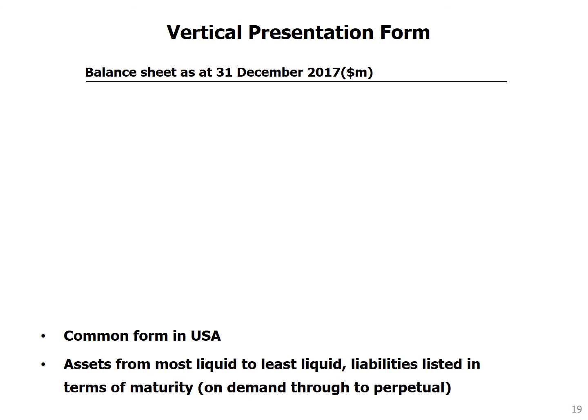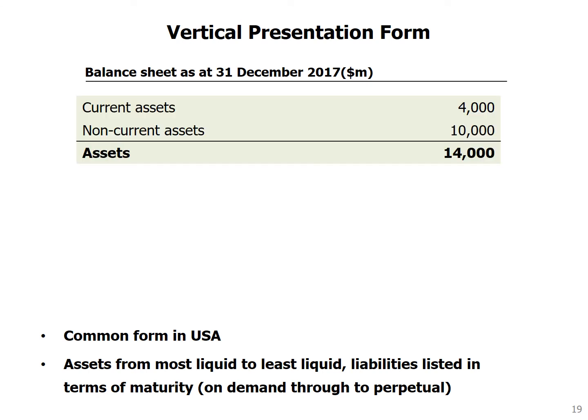Let's look at examples of a different presentation form. This is the vertical presentation form, and it's a common form in the USA. Balance sheet as of a particular date, here the 31st of December 2017, and the values are in millions of dollars. In the US, it is convention to put current assets first and then non-current assets, so from most liquid to least liquid.